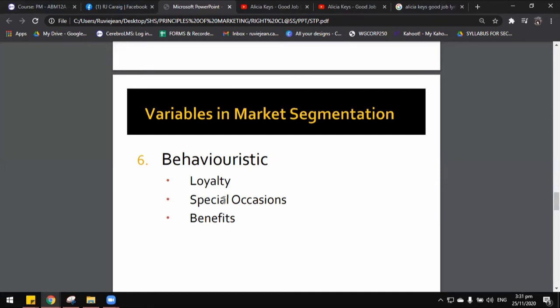Yan, switchers, 'di ba? So now class again, that is hardcore loyal, softcore loyal, switchers. Hardcore, okay, hindi tumitingin sa iba, regularly buys the brand. Ay, umulan, umaraw, 'di ba? Siya lang ang bibilin. Softcore loyal, sometimes tumitingin sa iba. Switchers ay ayaw talagang mag-stick to one. Yan. So, sino ba dyan ikaw?